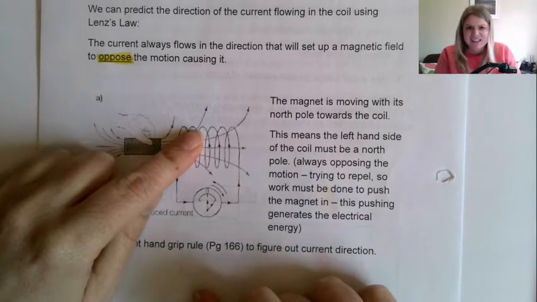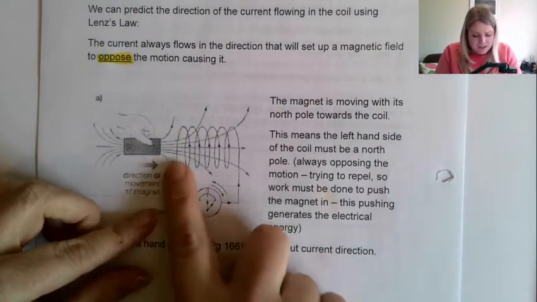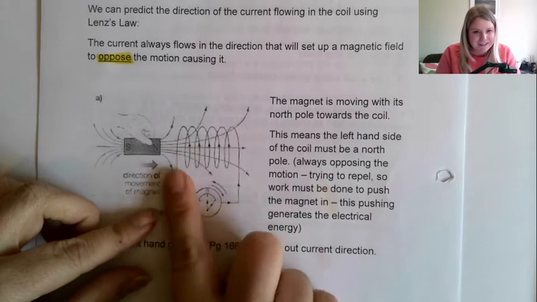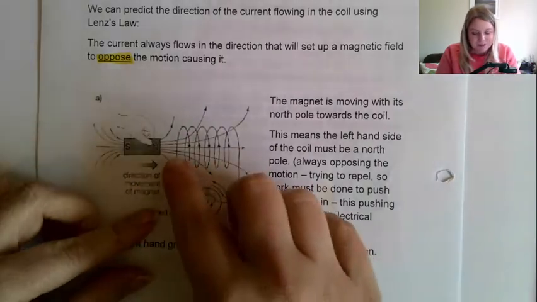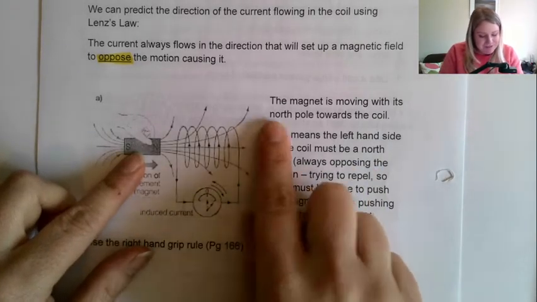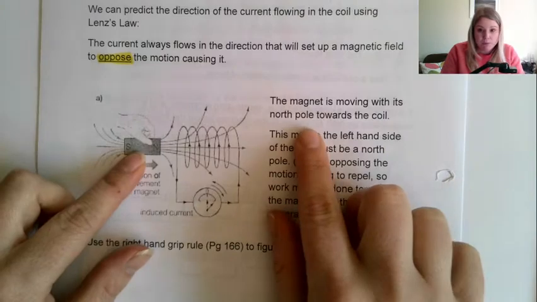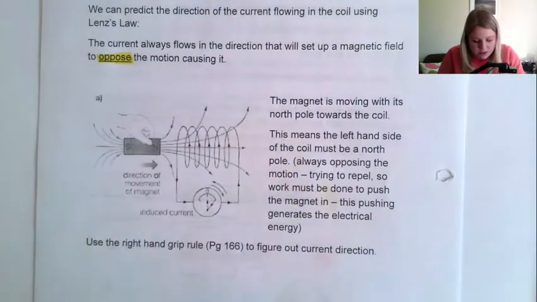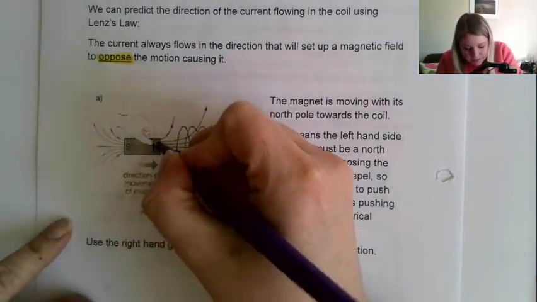Now, I don't like this wee diagram because you can't tell which bit of the coil is at the front and which is the back. So we'll get there. The magnet is moving with its north pole towards the coil. You can just about make out that wee north there.